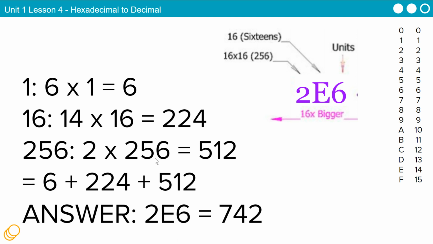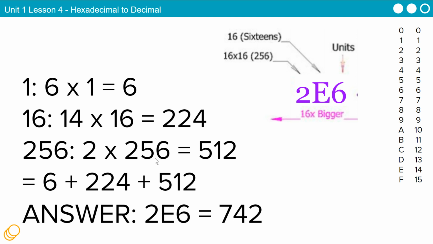And that tells me the decimal equivalent of my hexadecimal value. That is the same pattern that you're going to use anytime you convert from hexadecimal to decimal. You figure out what's in your ones place, multiply by 1, figure out what's in your 16s place, multiply by 16, figure out what's in your 256 place, multiply by 256. Does that make sense? Same pattern every time. So the decimal equivalent of the hexadecimal 2E6 is 742.